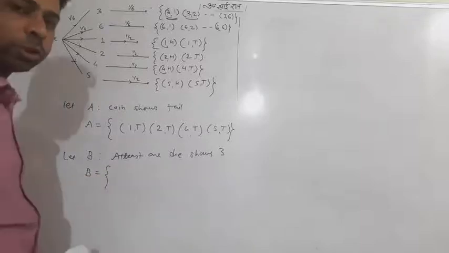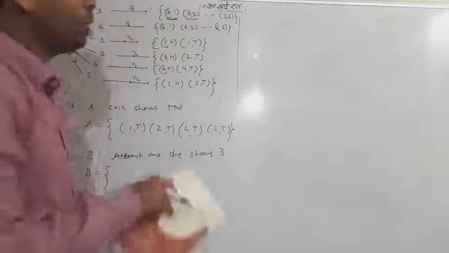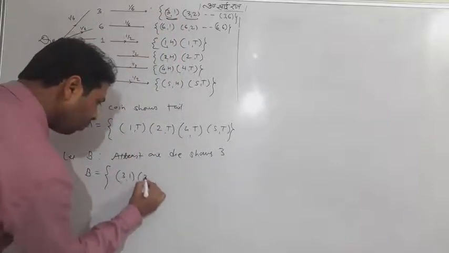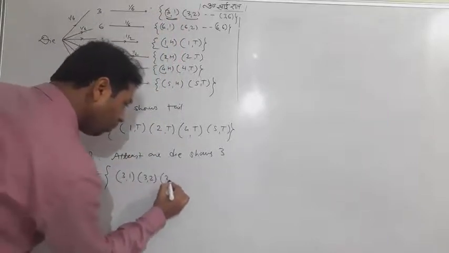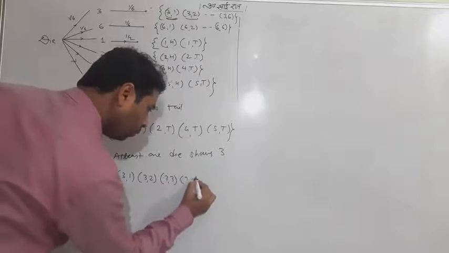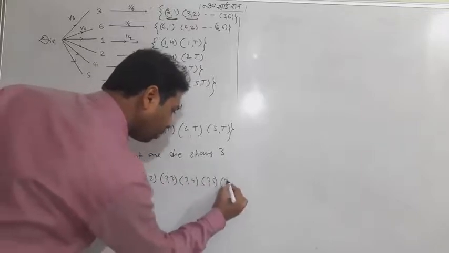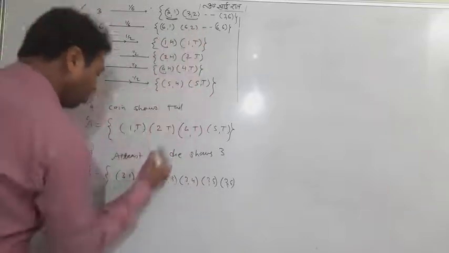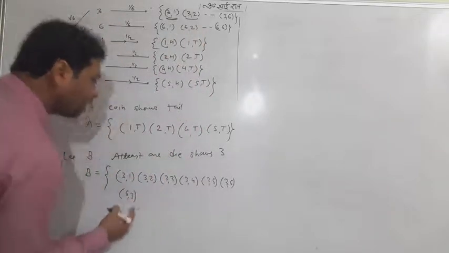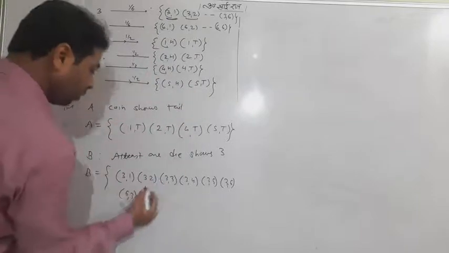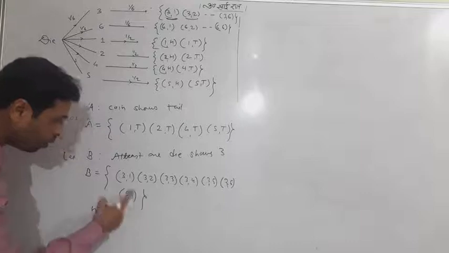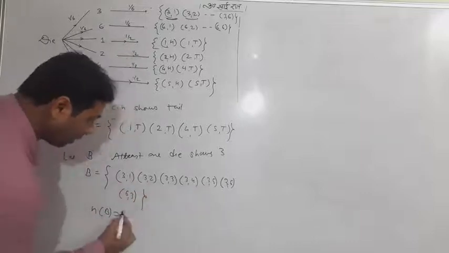Look, continuing with 3, it is 3 1, 3 2, 3 3, 3 4, 3 5, 3 6. Here 6 1, 6 2 will not come, but 6 3 will come. At least one 3 is there and nothing more. That is n of B. So n of B will be 1, 2, 3, 4, 5, 6, 7.